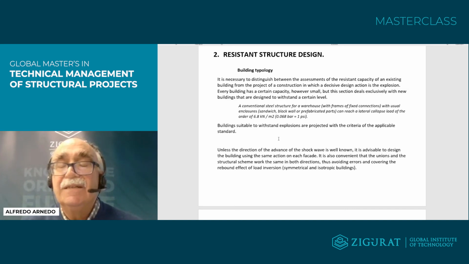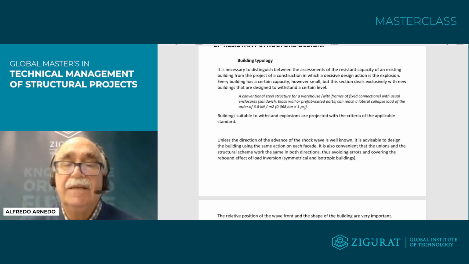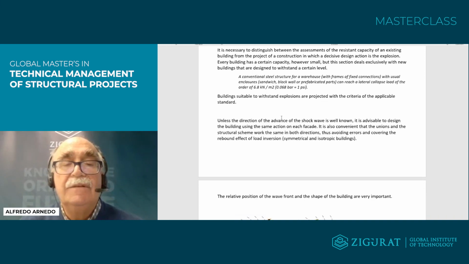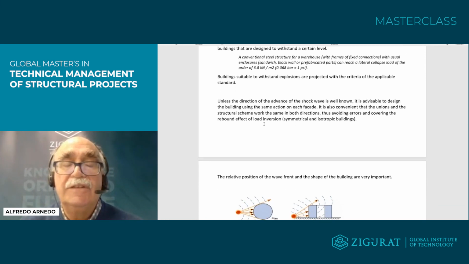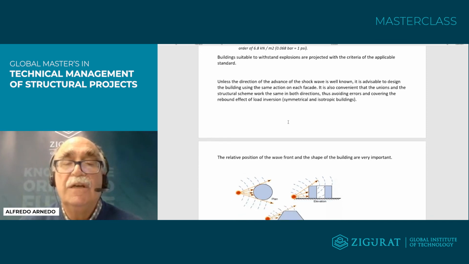Well, a conventional structure not prepared especially for explosion can resist, for instance, a warehouse, something about 6.9 kilonewton per square meter. More or less is this figure, one psi. The building suitable for explosion can resist a lot, but needs some requirement, especially in order to obtain a high value of the ductility.